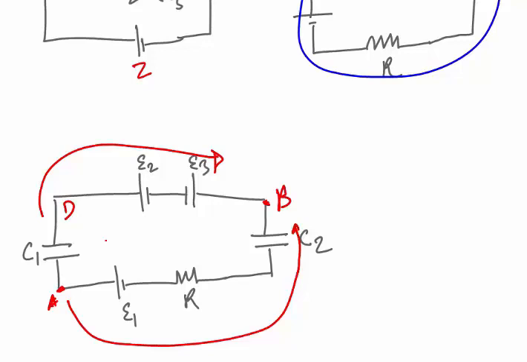Why? Because there are many intervening circuit elements like batteries or resistances.